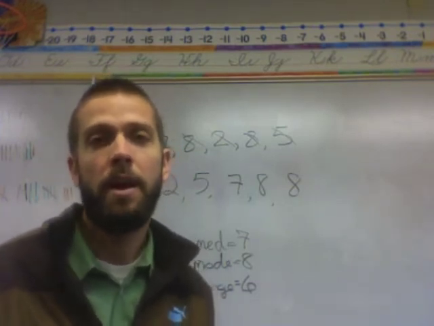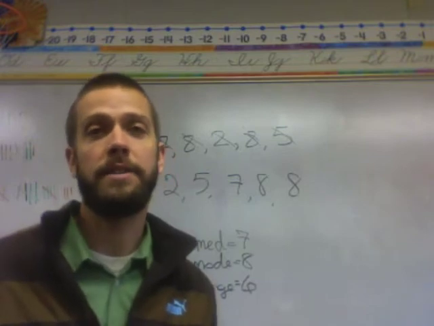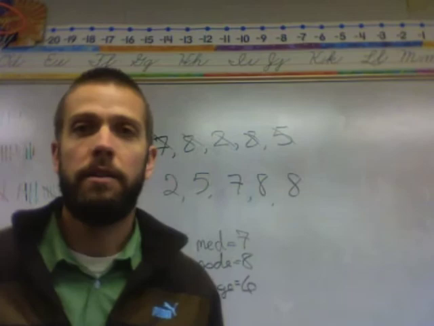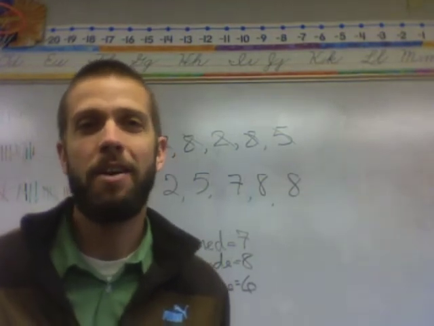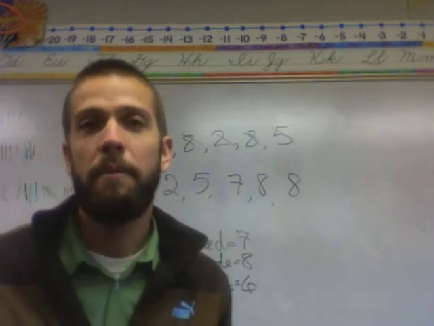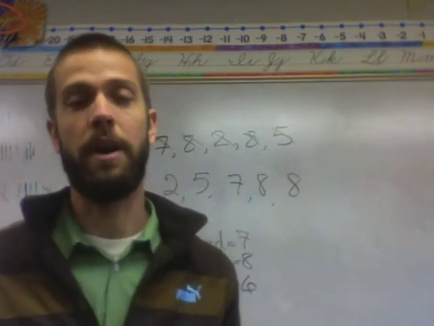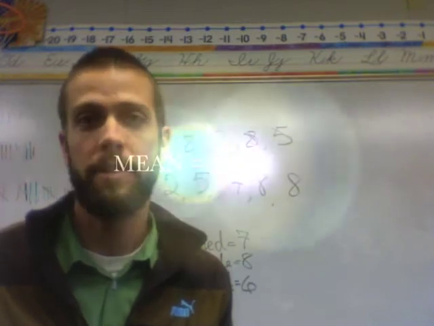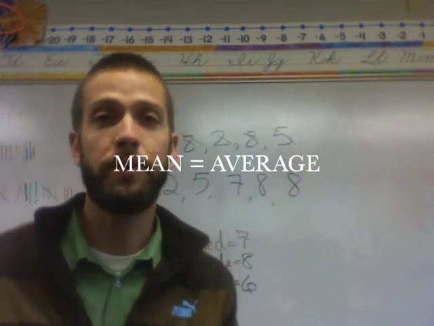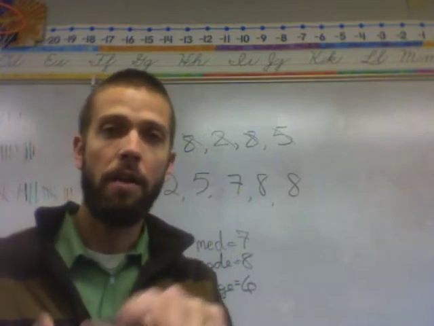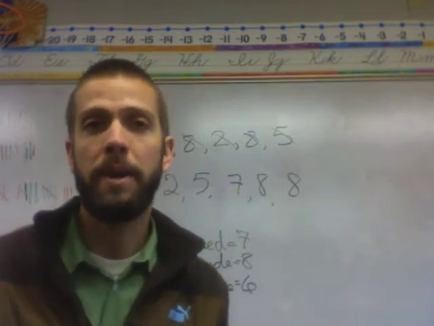Okay? All right, the last one I said I was saving was mean. Now, I like to call mean the one that's mean because it takes the longest to do. Median, mode, and range, those are fast. Mean takes a little bit longer, and all it is the statistical word for average. Okay? It's the fancy word for average, which we've already done. For average, how do you take an average? You add all the numbers up and divide by how many there are.